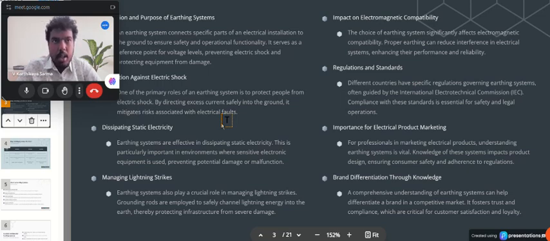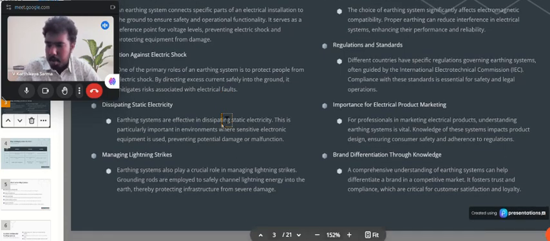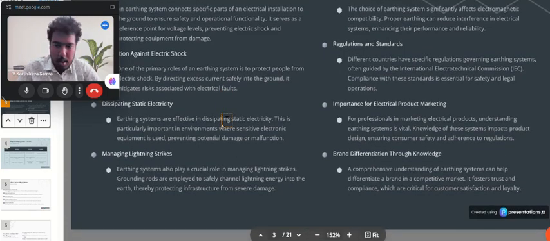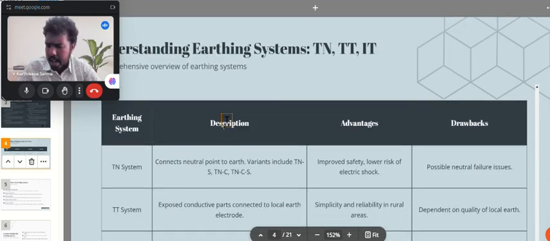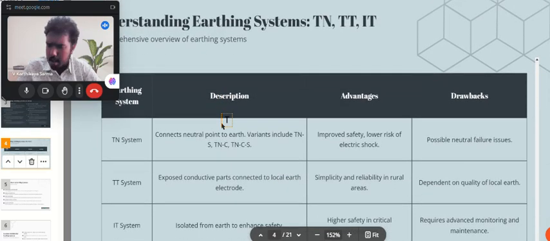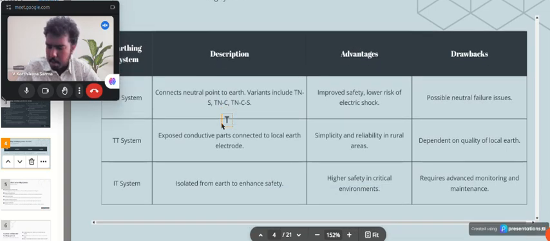Short circuits are minimized, and the dissipation of fault currents is reduced. Types of earthing systems: neutral earthing system and equipment earthing system, and so on. Methods of earthing are plate earthing, rod earthing, strip or wire earthing, and so on.